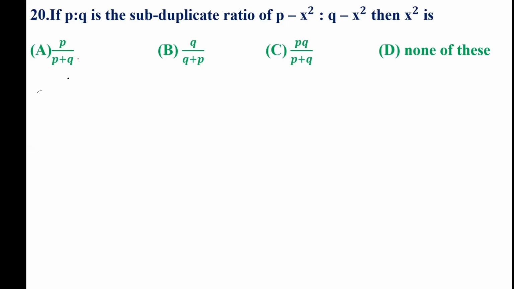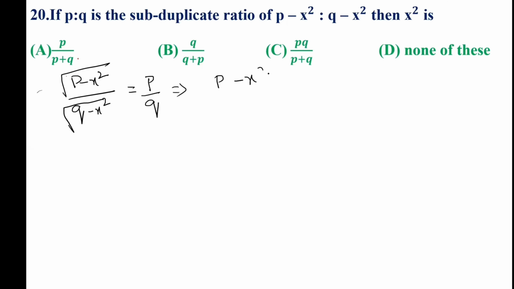If P by Q is the subduplicate ratio of P minus x square by Q minus x square, for this, the subduplicate ratio is equal to P by Q, they have given. Then find x square.